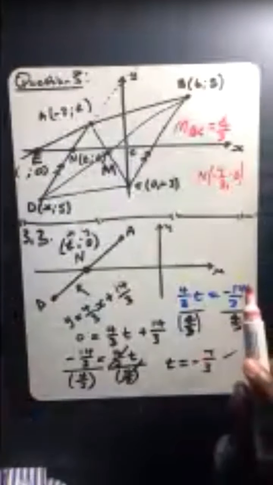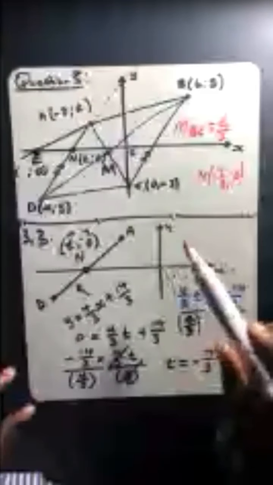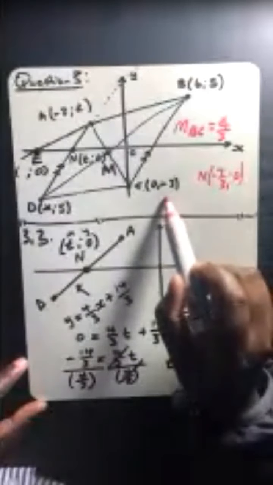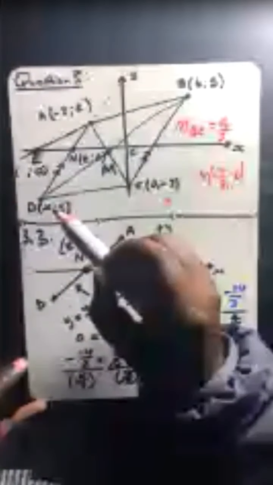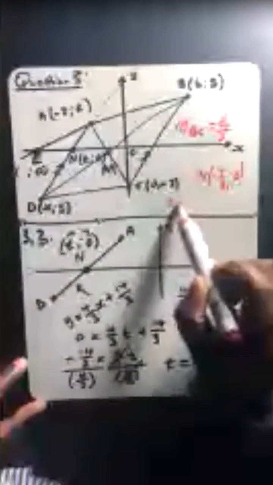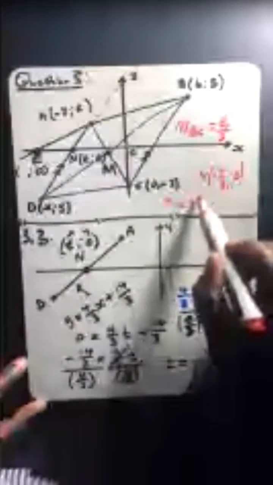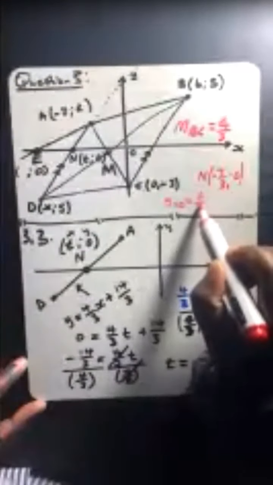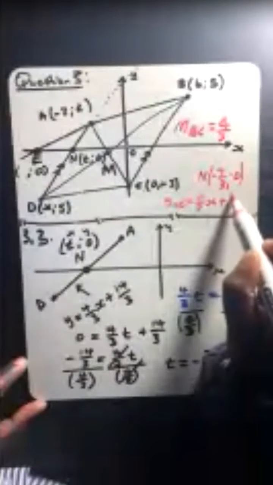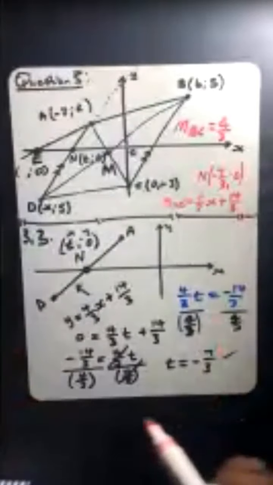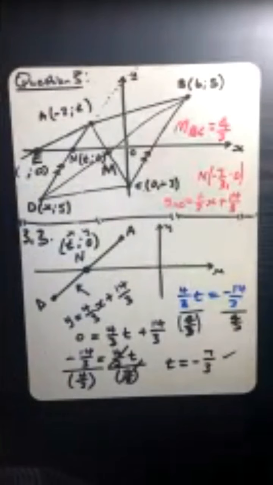Let me also write an equation there: we know the equation of line AD is, you guys said, 4/3x plus 14/3.